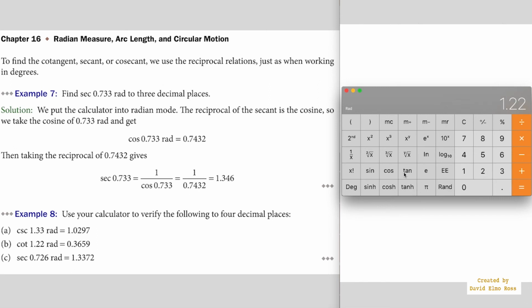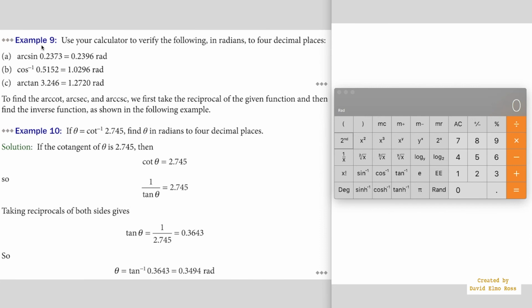Let's take the tan, let's take the inverse, and we get 0.3659 here. Let's do the last one. Secant of 0.726. Secant is the opposite of cosine, so let's do the cosine and do 1 over, and we get 1.3372. And that means we validated all of these as being correct to 4 decimal places.